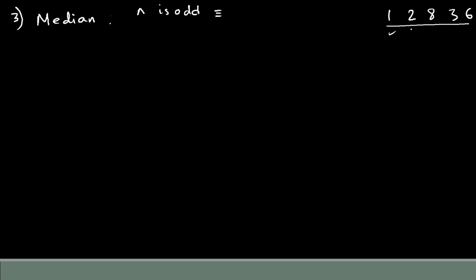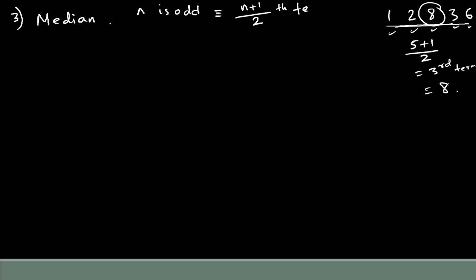Odd numbers are there, right? 1, 2, 3, 4, 5. Only 5 elements are here. So that is odd, right? So in this case, what will be your median? It will be the n plus 1 divided by 2th term. Here in this case you have 5 terms, so 5 plus 1 by 2, that is the third term. So the third term is 8. Answer will be 8.